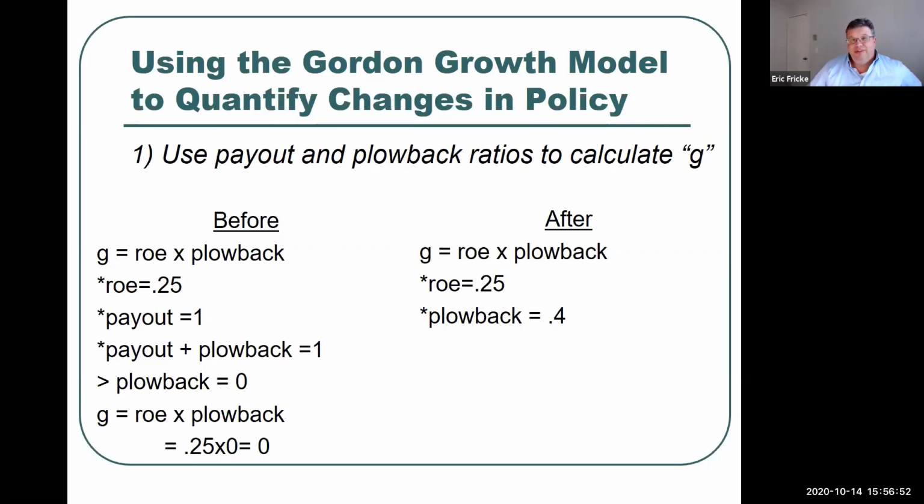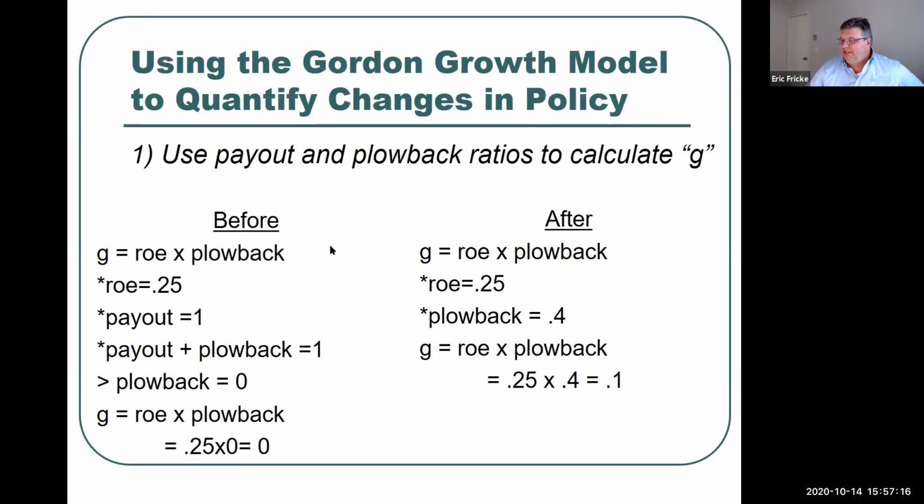Okay, and we want to find G. So we pretty much have everything we need, right? We've got ROE and plowback. So let's go ahead and calculate G, and we end up with 0.1 or 10%. So now our G is 10%. So that's good to know.